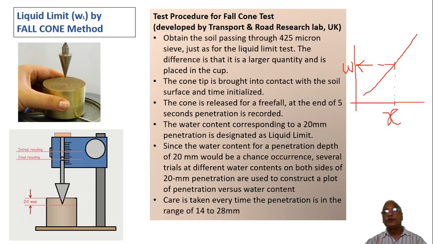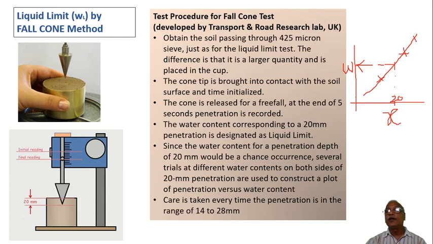right? So when you mix the water, you may not get exactly 20 mm penetration. So this is 20 mm penetration. You may be having little less corresponding water content, you can just put a point, and then little more of penetration corresponding water content.